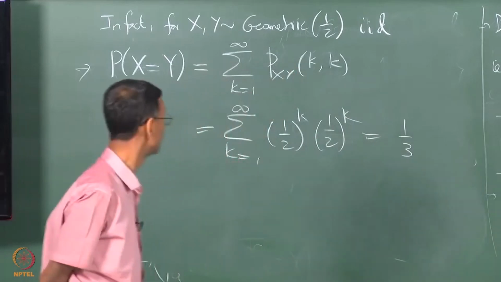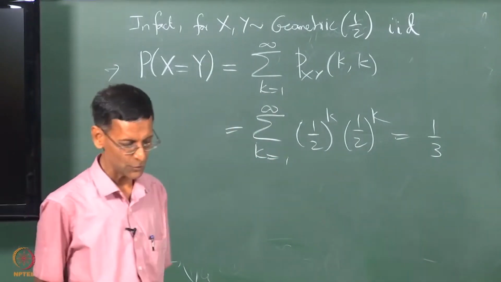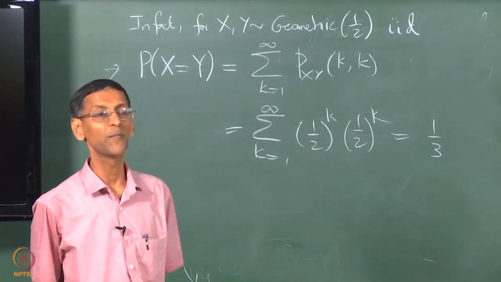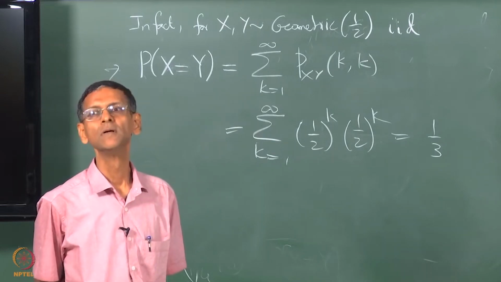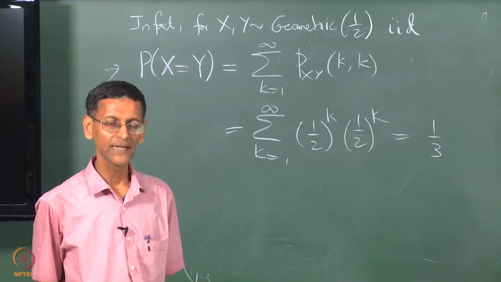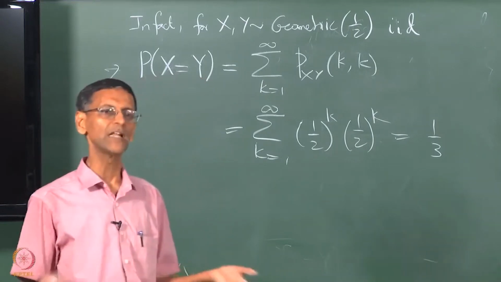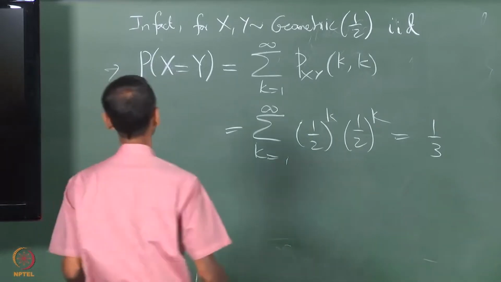Okay, fine. What is the probability from this? Can you infer that x is going to be greater than y and less than y? 1 by 3, 1 by 3. Remember I said symmetry can always be used to tell you this. When you have IID random variables, probability x greater than y will be equal to probability x less than y.